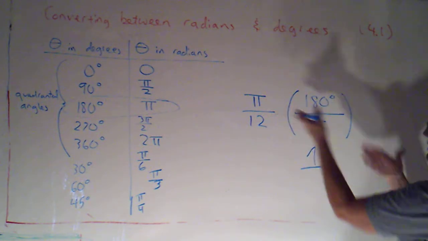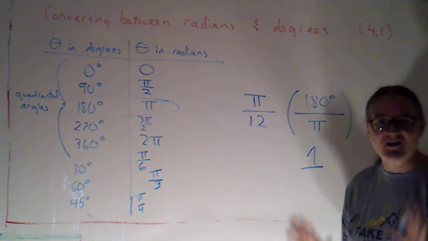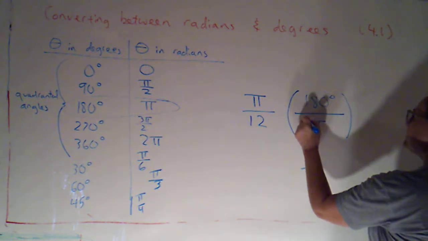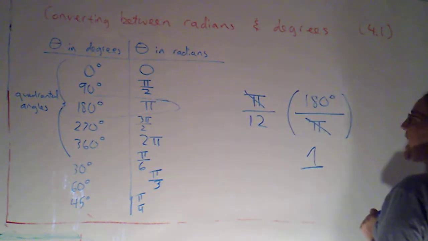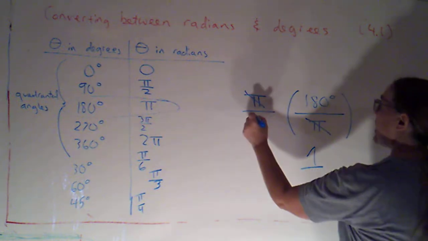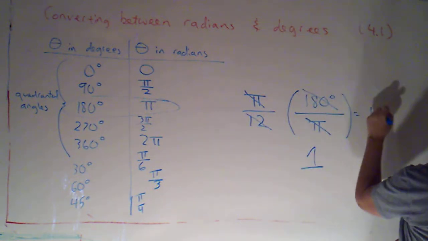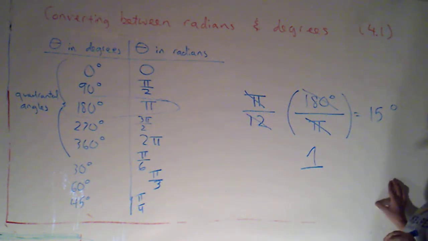Okay. Now, it's a unitless unit, but this was radians, this was radians. Those units are, in fact, canceling. The pi's cancel. Let's see. 12 goes into 180 15 times, so I get 15 degrees.